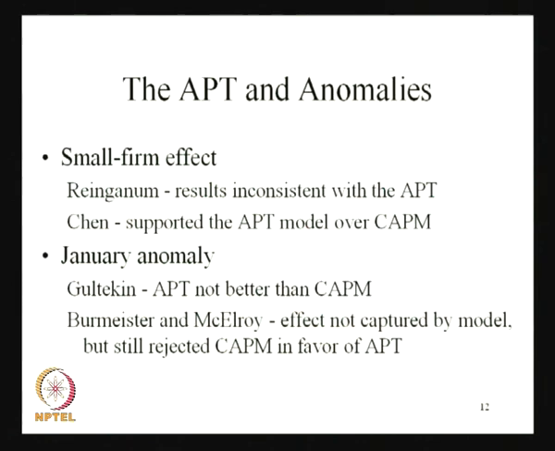Whenever they incorporated the size, Reinganum made this study and said that the small size effect results are inconsistent with the arbitrage pricing theory. That means whatever assumptions and implications the arbitrage pricing theory was trying to explain are not consistent with small firms whenever we take them into account.